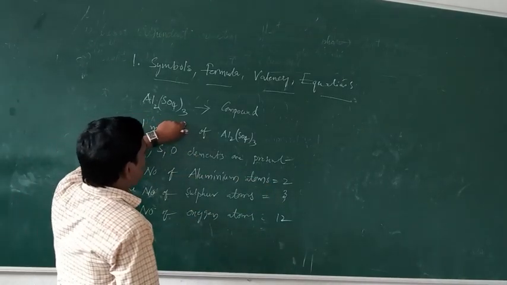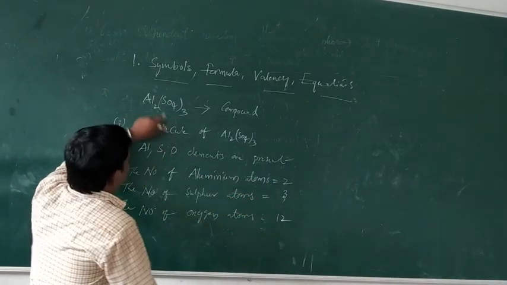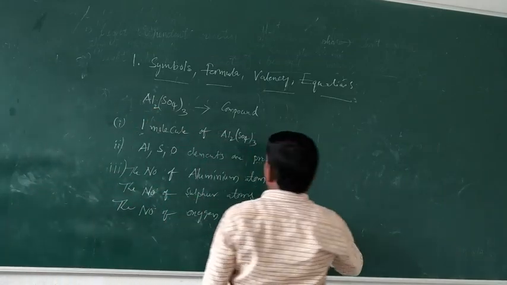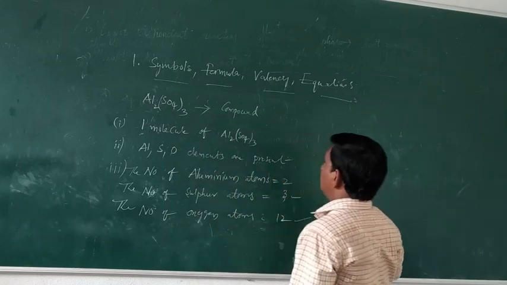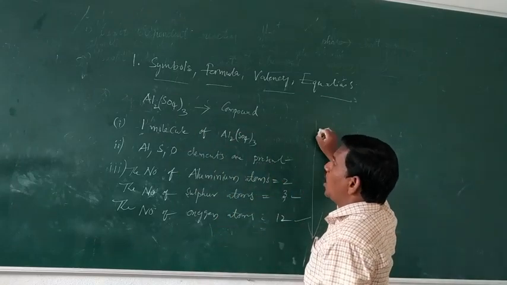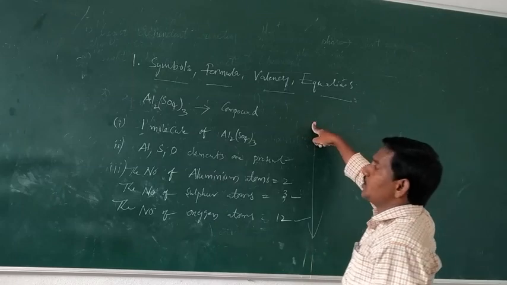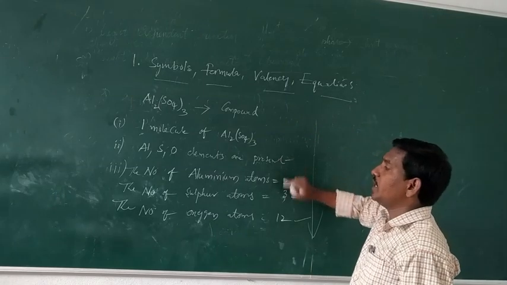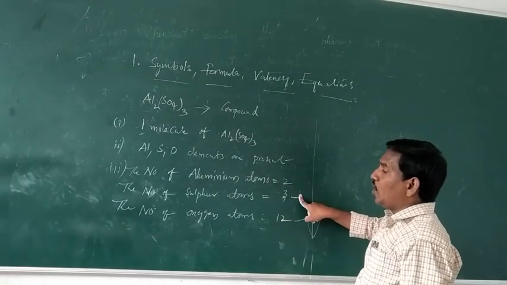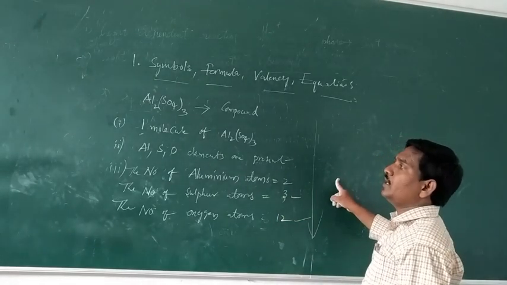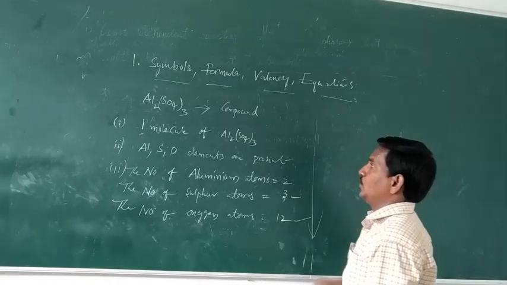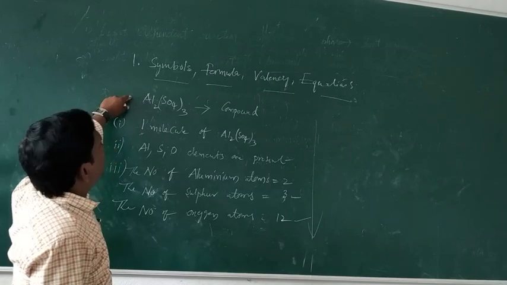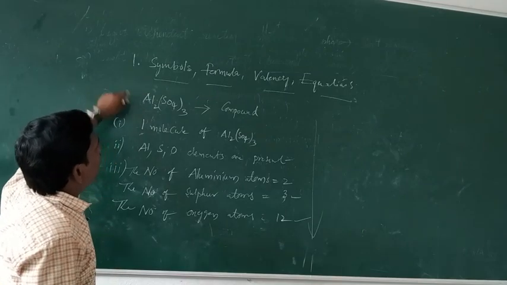The number of sulfur atoms is 3. The number of oxygen atoms is 12, 3 fours are 12. So the formula gives information of how many molecules of the compound there are, which elements are there, and how many atoms of various elements are there in the compound. This is the complete information about the compound and its formula.